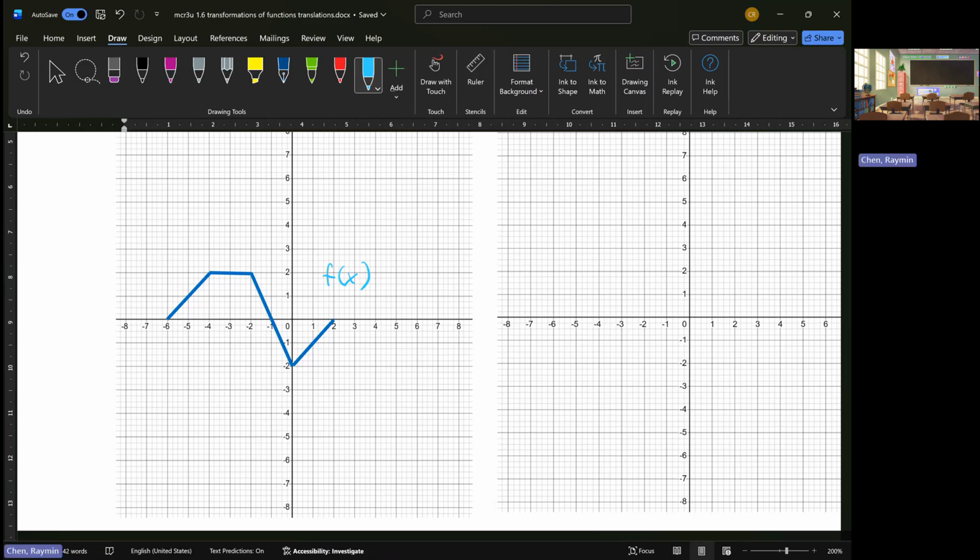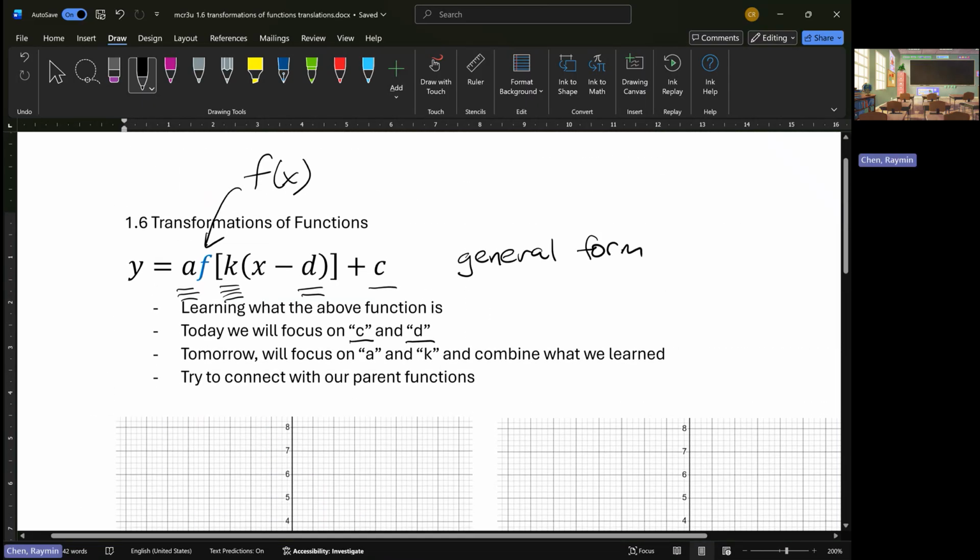So this lesson is looking at the q value and the p value. In grade 11, because your textbook uses different letters, this represents f of x plus c. Let me just scroll back up. Notice I'm looking at the c value right here.